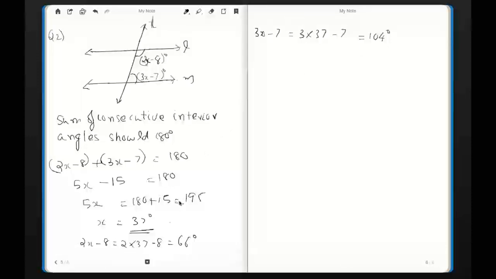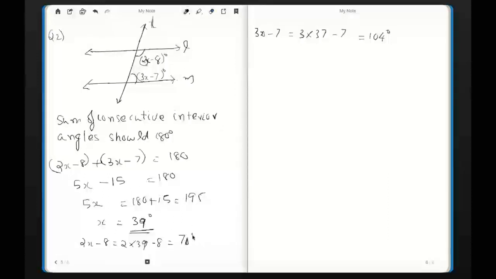Let me see. Oh, this is 39. Sorry, small mistake. x is 39. So 2 into 39 is 78, which basically means this is 70 degrees. Small careless mistake, I'm sorry for that.